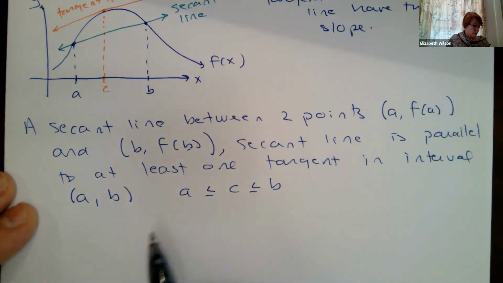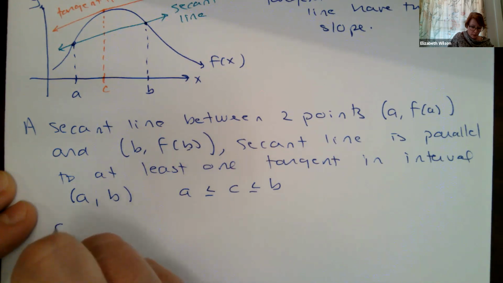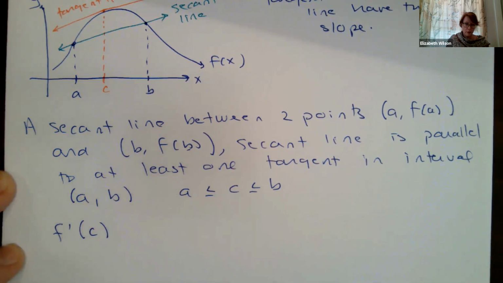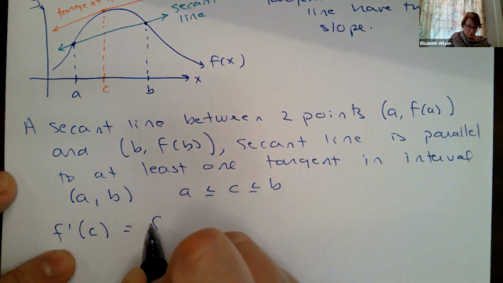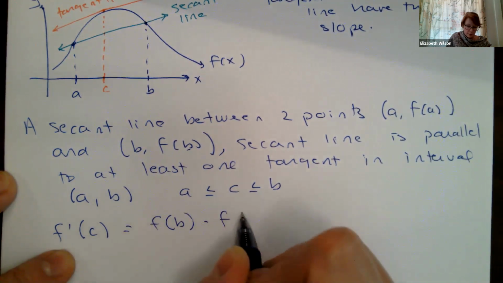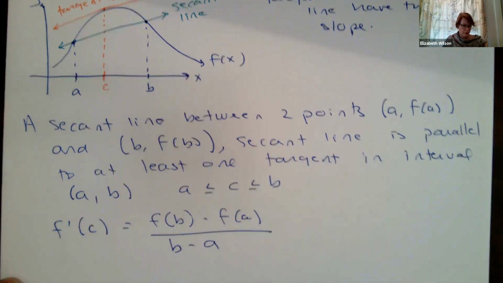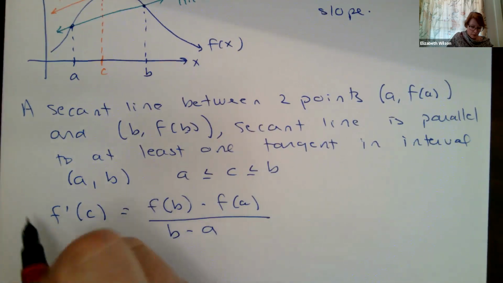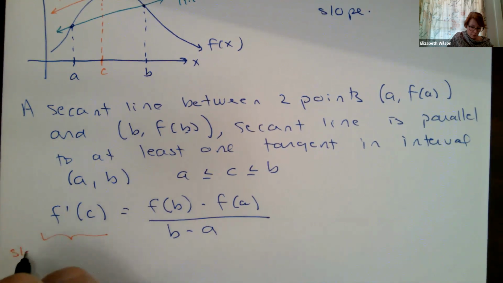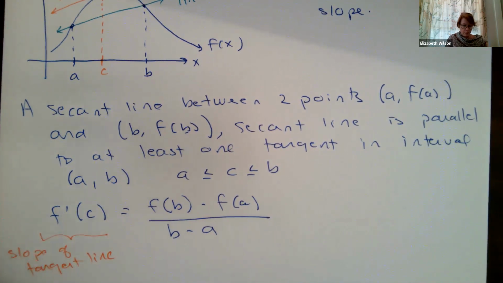So let's write this out. So what that means is I've got my tangent line at C, my slope, is equal to f of B minus f of A all over B minus A. So let's write down what these pieces are. This right here is our slope of the tangent line. Okay.